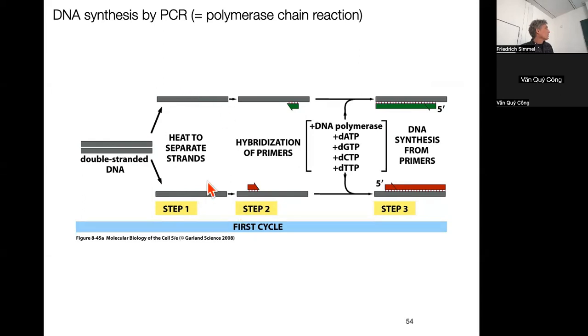What is done in PCR is that you anneal short pieces of DNA to these separated strands, and they are called primers. When you then add a DNA polymerase and the nucleotides to your mixture, you will synthesize the complement of these separated strands.